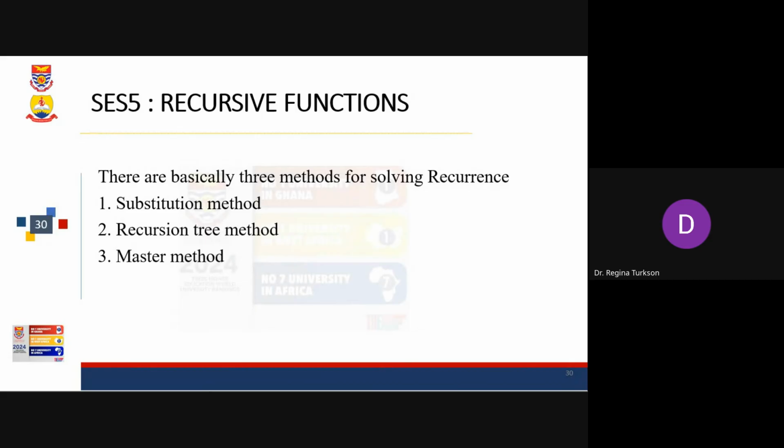But if it's section B and the marks allocated is 10, and you write fib of 5, fib of 4, then you will get the mark. But if you look at the marks, you should be able to express it the way I expanded the code, then you get your full mark. So the marks will determine what you have to do.